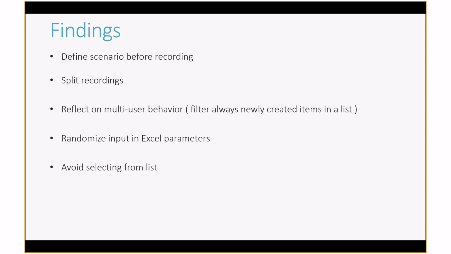We do have also a possibility for randomizing input in Excel parameters. So you could use, for instance, the random function if you want to have a number for an invoice number. For instance, each time you run the test, you need to have a new unique invoice number.